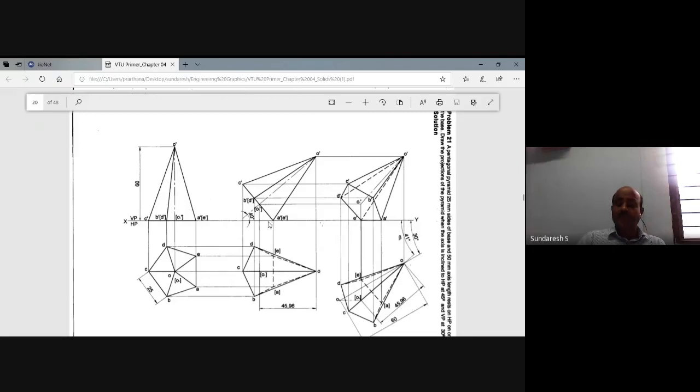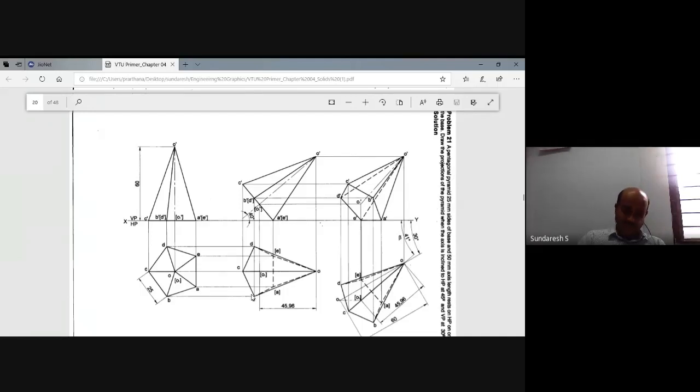In a similar way, the vertical projector from A dash and the horizontal projector from A will meet at this point, so mark it as A. In a similar way, for all the vertical and horizontal projectors, where they intersect, first mark the points. Without marking, please don't join anything.